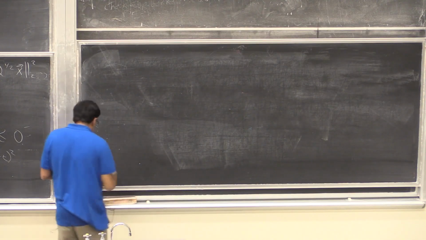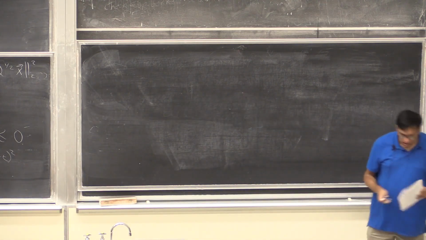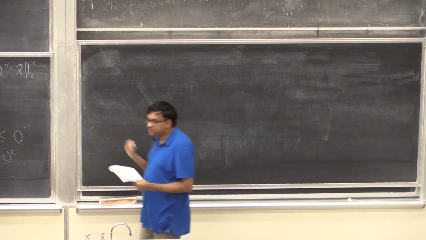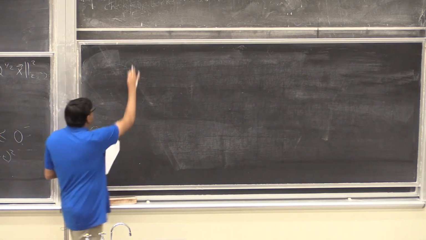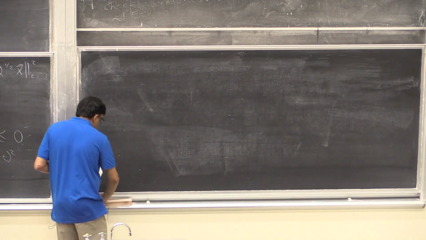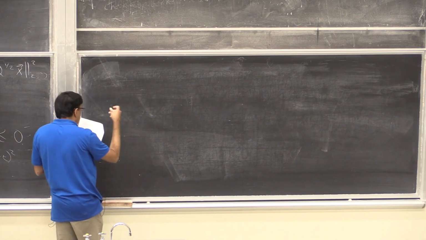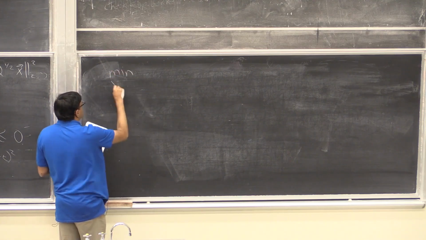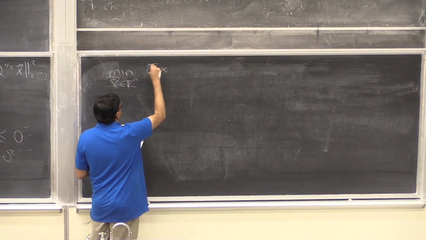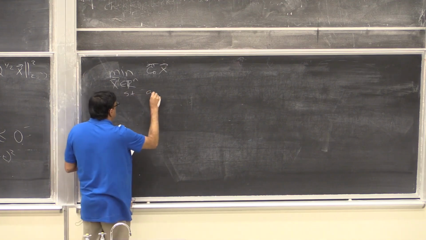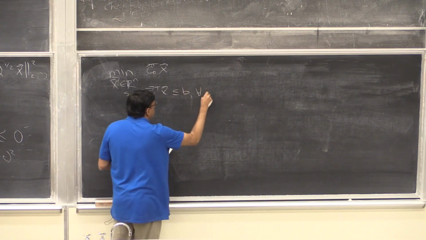Okay. So the thing I'm going to motivate is a linear program with so-called chance constraints, probabilistic constraints. Consider this generic linear program: min over x in R^n of c0 transpose x, subject to a_i transpose x less than or equal to b_i for all i.